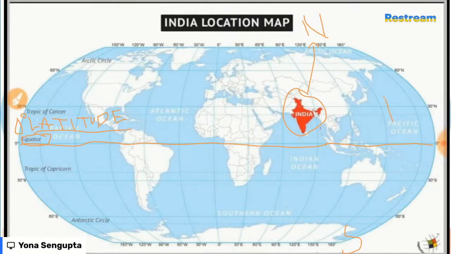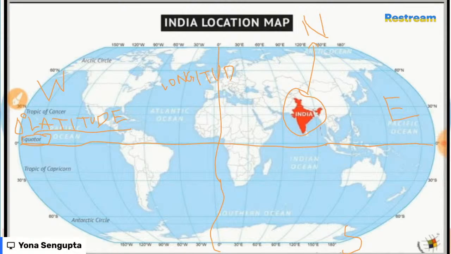This is the east part, and this is the west part. I'm just writing. This part we call longitude. I'm not able to write this well because I don't have my stylus here, but I'm trying to write. I just need some time.